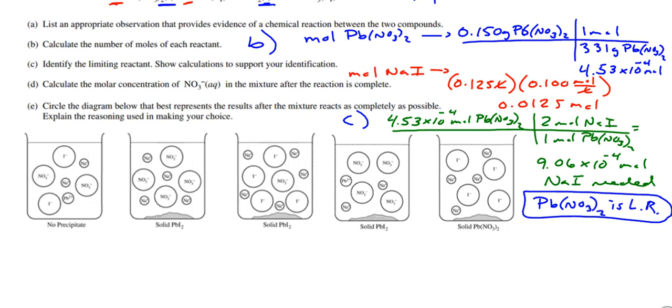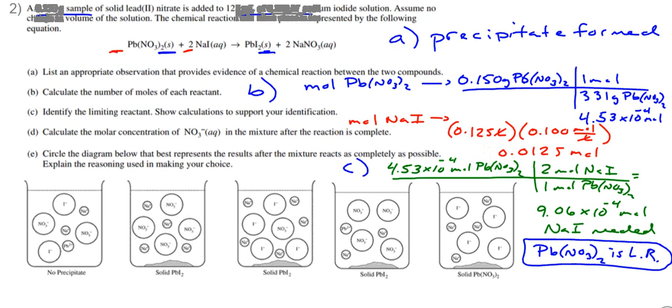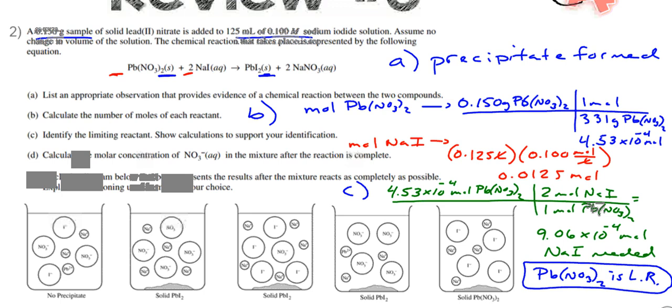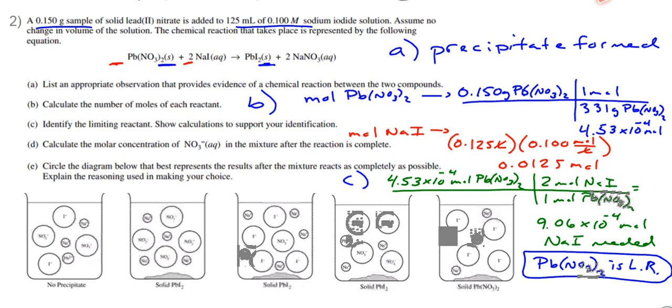So this is important. NO3 minus, first off, if you understand this, starts as a solid, goes in a solution, and then stays as a solution. NO3 minus is usually what we call a spectator ion.